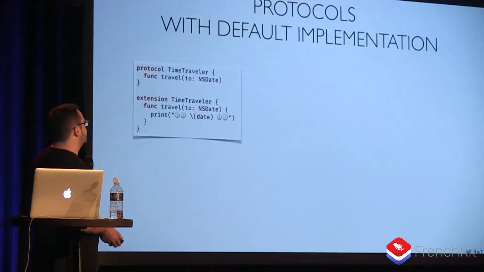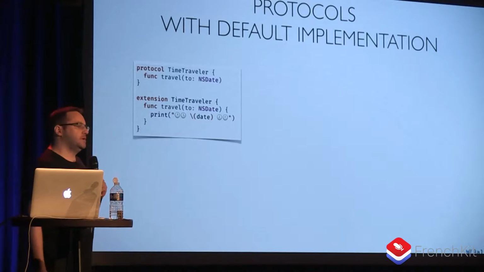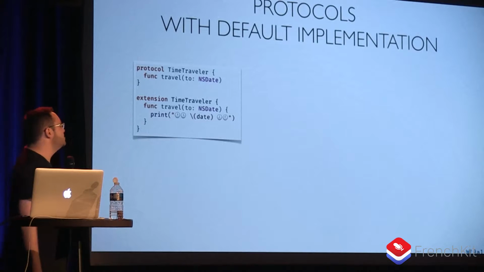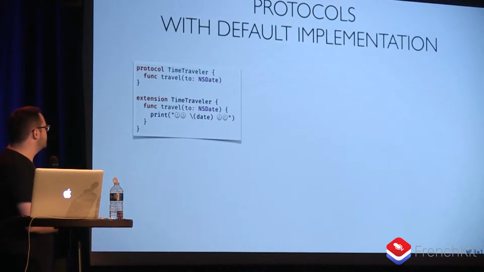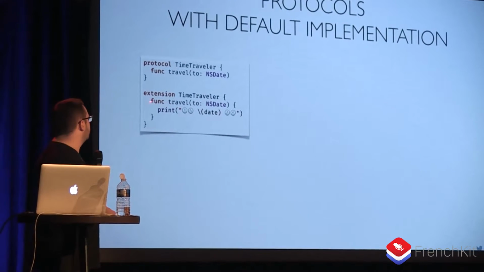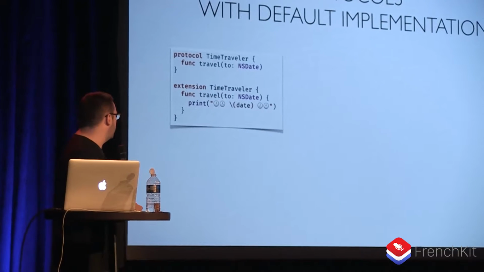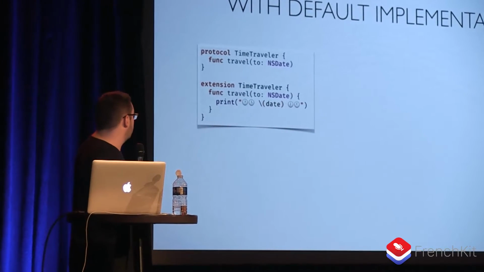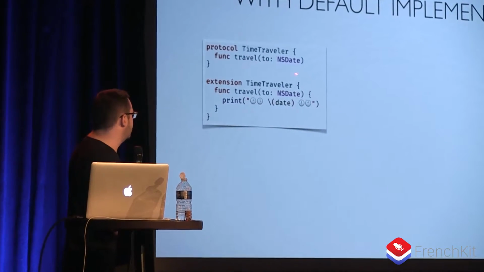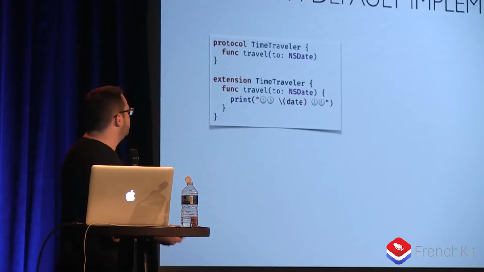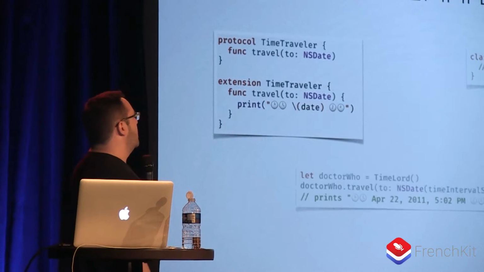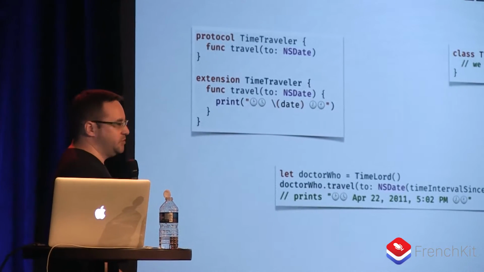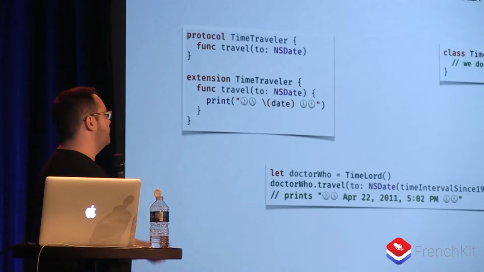But we'll use some specific kind of protocols, which are protocols with default implementations. The idea, if you don't know about default implementations, is that with an extension, you could actually provide a default implementation for any of your methods in your protocol. And that means that when you conform to that protocol, if you don't provide a specific implementation, you will have the default implementation for free.